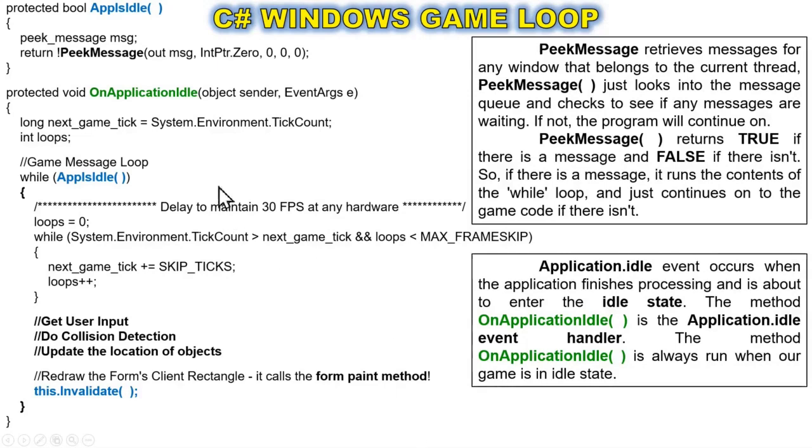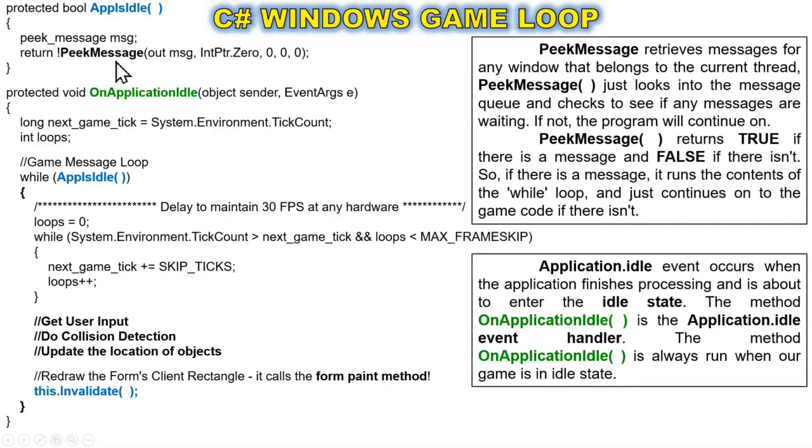Let us focus our attention on the definition of the method AppIsIdle. The PeekMessage command retrieves messages for any window that belongs to the current thread. PeekMessage just looks into the message queue and checks to see if any messages are waiting. If not, the program will continue on.